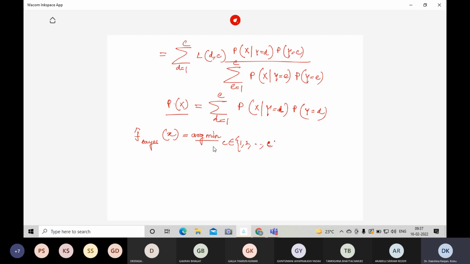Capital C is the total number of classes, and small c represents a particular class.